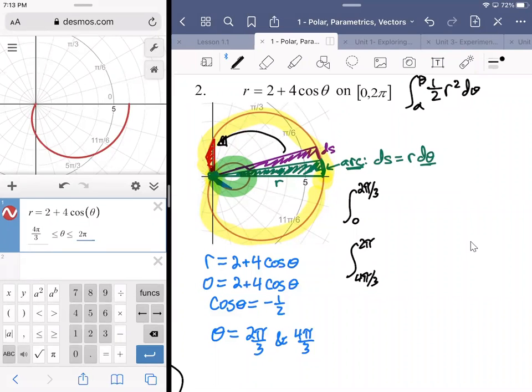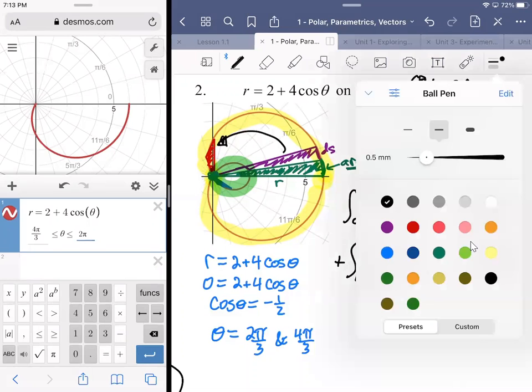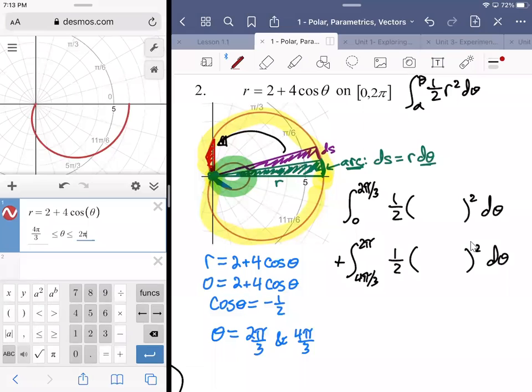So 1/2 r squared d theta, plus 1/2 r squared d theta, again with the r being this guy.